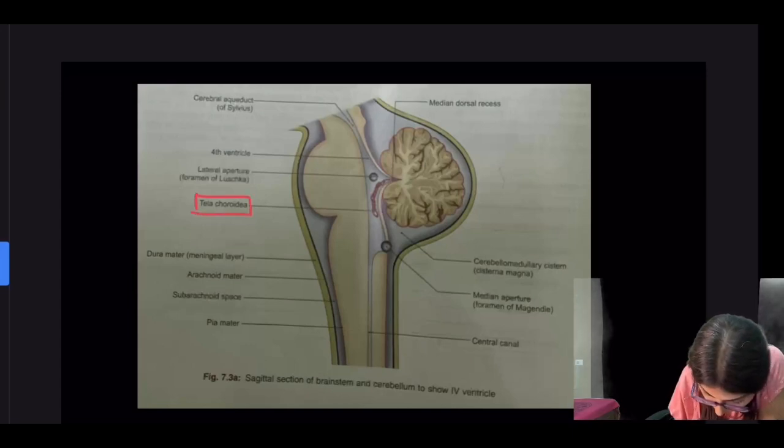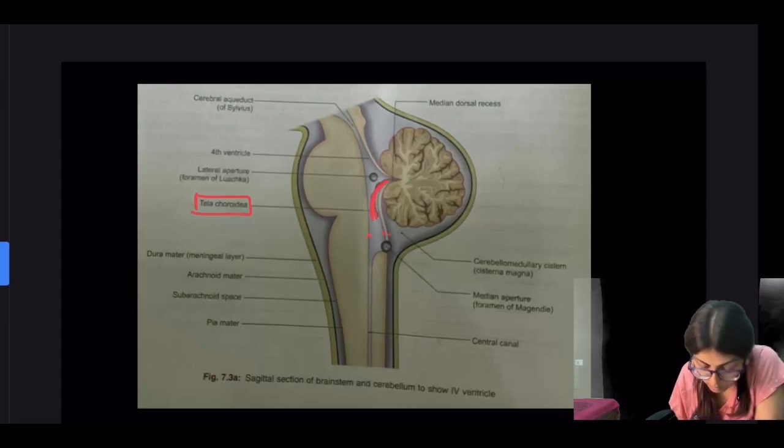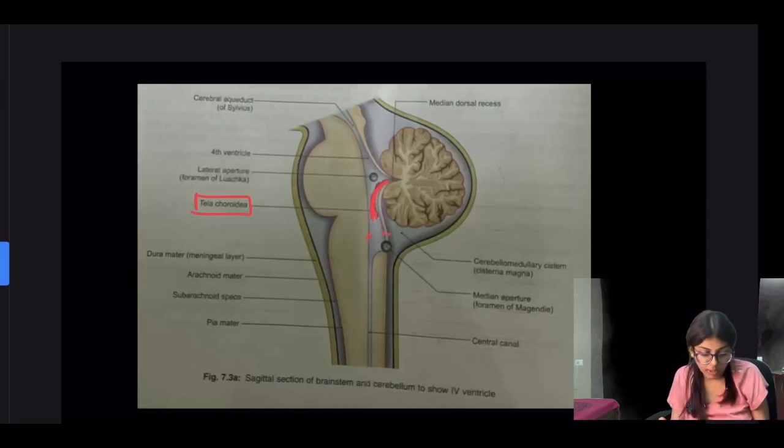This structure is the tela choroidea, in between the double folds of the pia mater. So the inferior part is formed by the tela choroidea.